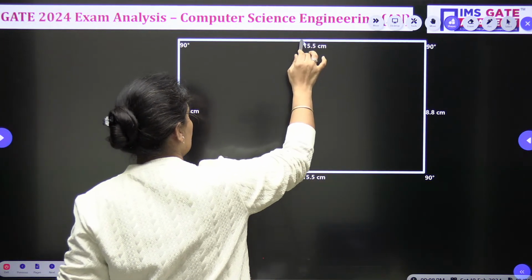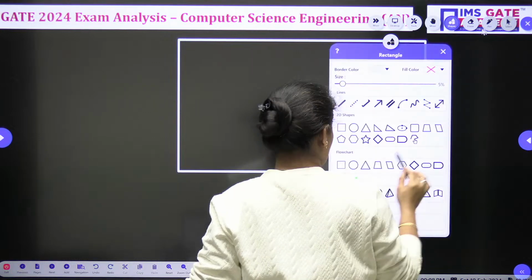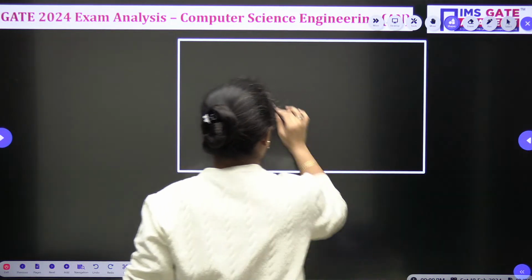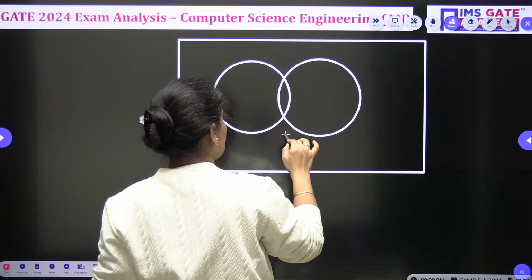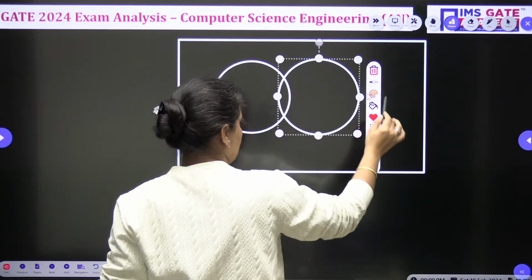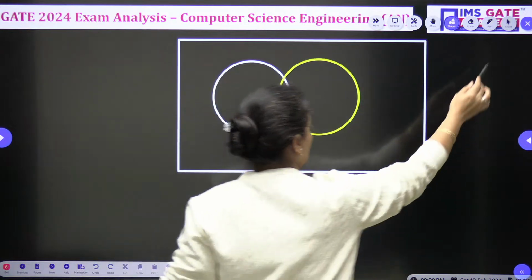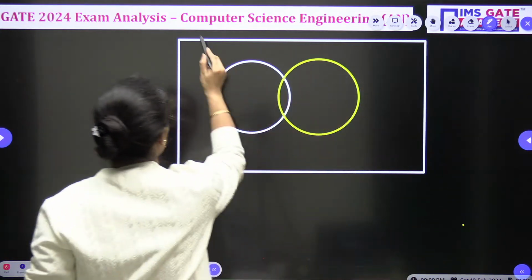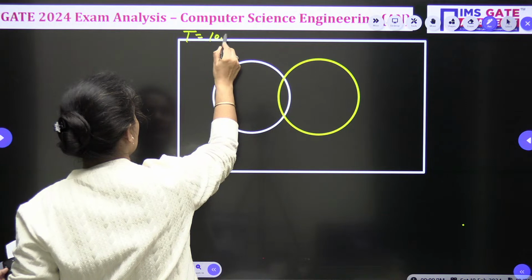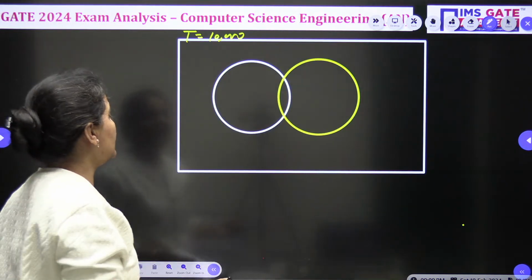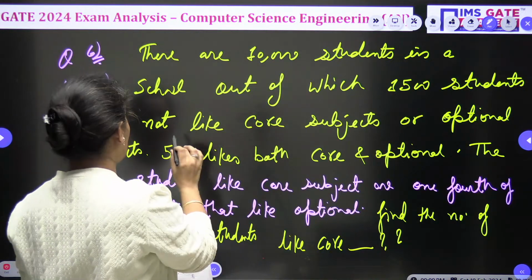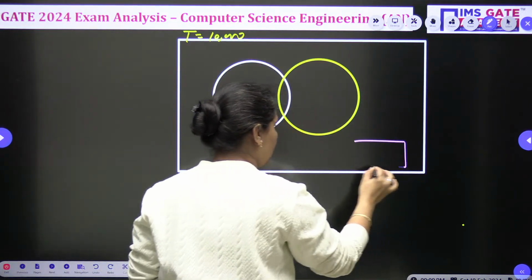Here we are having two subjects, core and optional. Let's go. I am starting with the question. Total are 10,000 only, I also write down the 10,000. Next it is asking that 1500 do not like, so do not like means none of them.